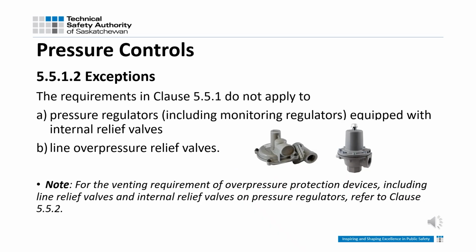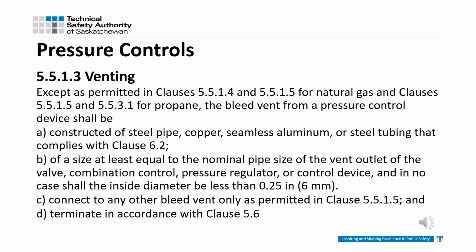5.5.1.2 establishes a list of ineligible items in new Clause 5.5.1: pressure regulators equipped with internal relief and line overpressure relief valves. 5.5.1.3 removes the lists of eligible and ineligible items from the body of this clause, because they are already stated in new Clause 5.5.1.1, restructuring wording so that the subject is the bleed vent.